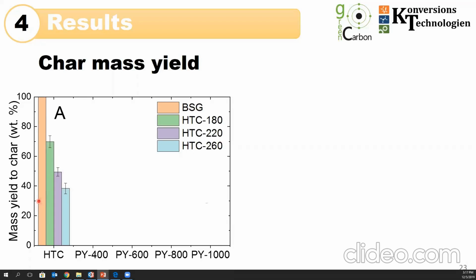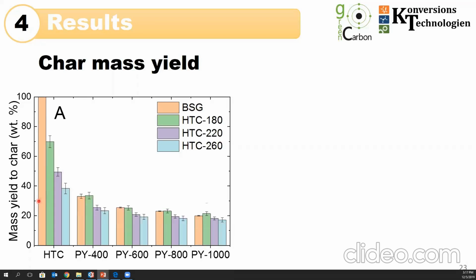And what happens next if we pyrolyze these chars? Let's take a look. So pyrolysis of biomass resulted in a yield of around 37%, and then pyrolysis of hydrochars results in very similar yields, and then further, higher HTC temperature leads to a decrease in the mass yield of final pyrochars.